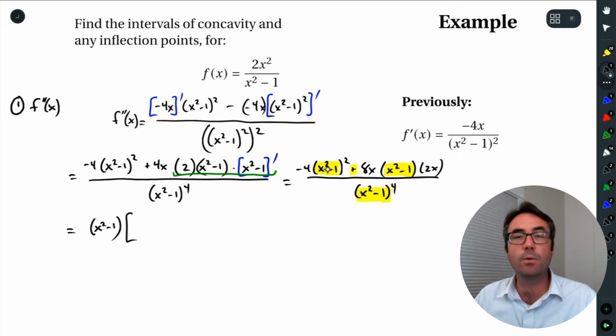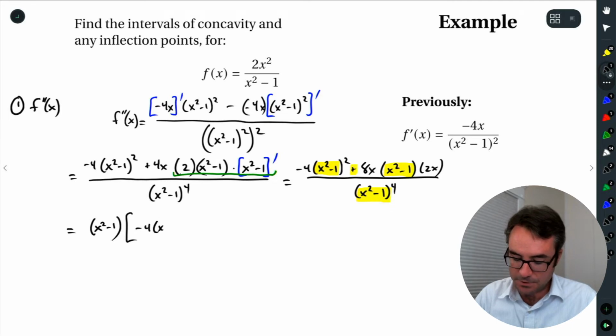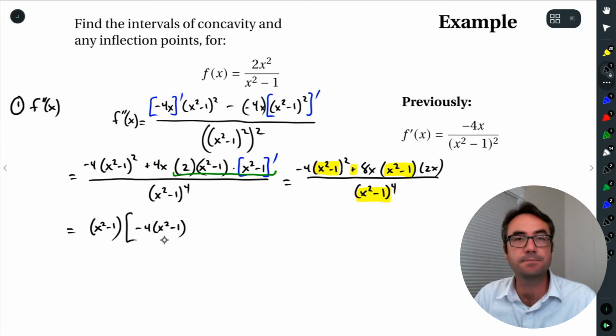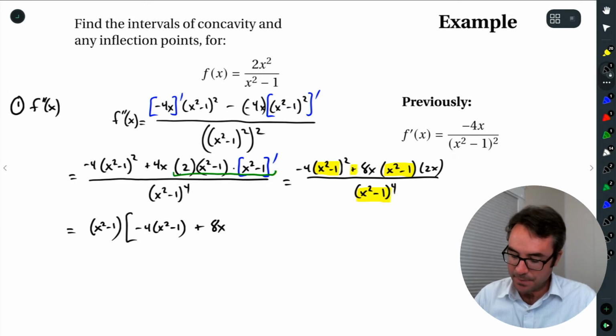Well, we're only taking one of the x squared minus 1's out. So we're going to have a minus 4, and then we'll still have one there. So we'll have minus 4 times x squared minus 1. Then we have the plus sign, and we have 8x, and we're getting rid of this x squared minus 1, but we have this 2x. So let's fill that in.